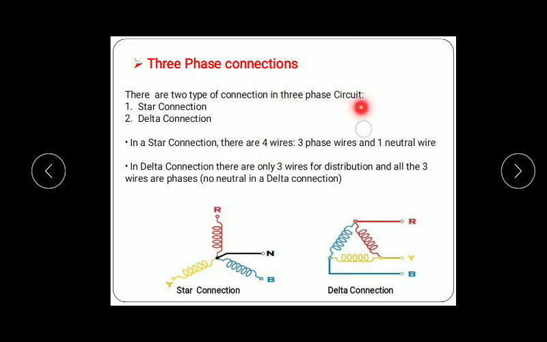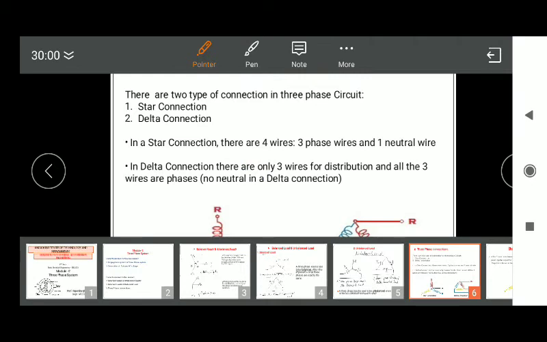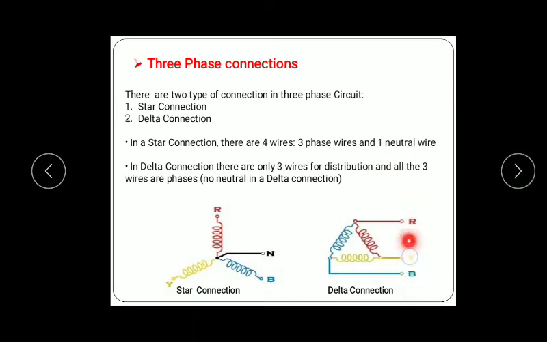A three-phase circuit obviously requires 3 conductors or 3 wires, so the star connection is formed by 3 phase wires and 1 neutral wire. Whereas in delta connection there are only 3 wires for the distribution. There is no neutral wire present in the delta connection.